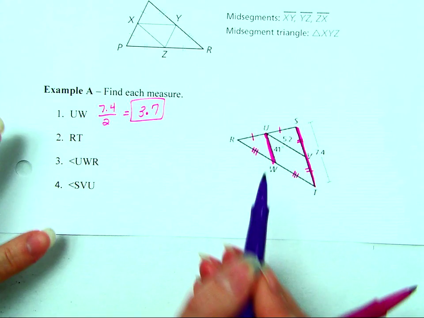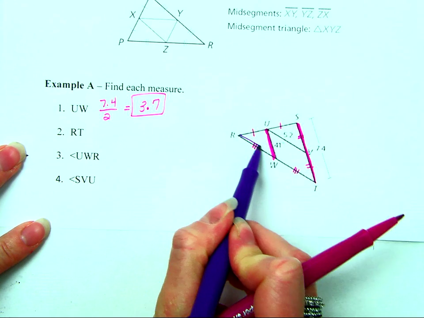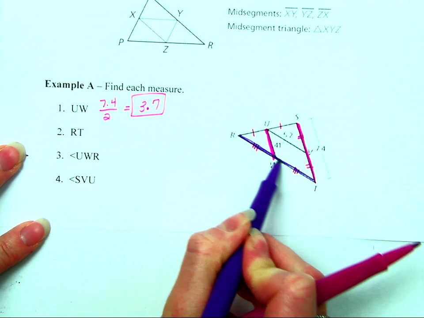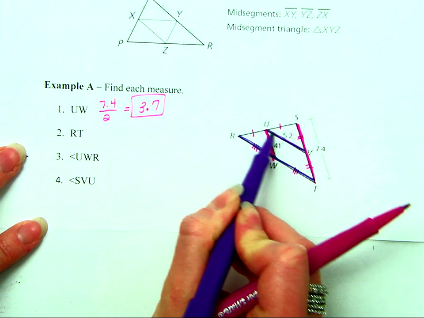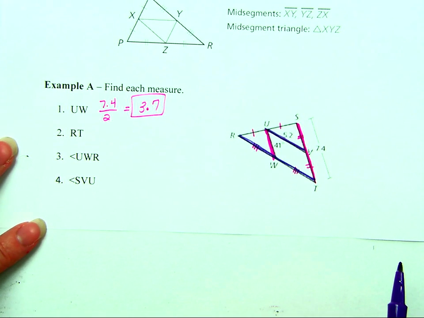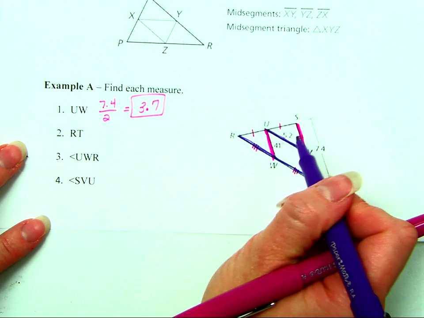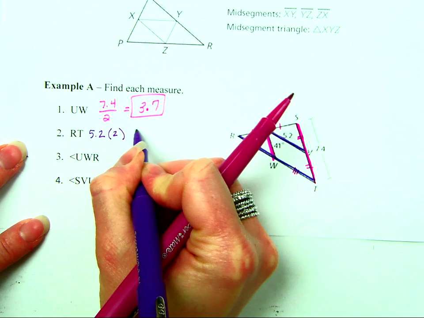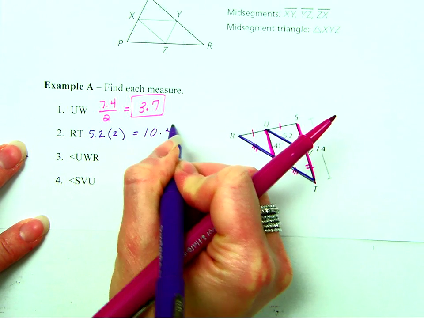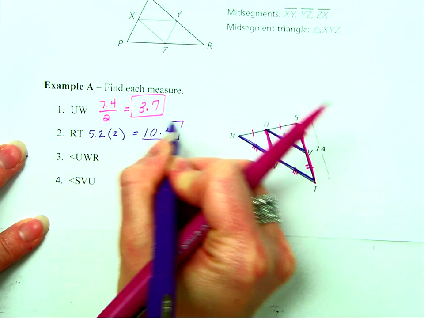RT is this bottom segment down here. Well, I can see that this segment UV is a midsegment, and so in order to find RT, my midsegment is 5.2, then we would just have to double it, and we would find out that RT is 10.4.